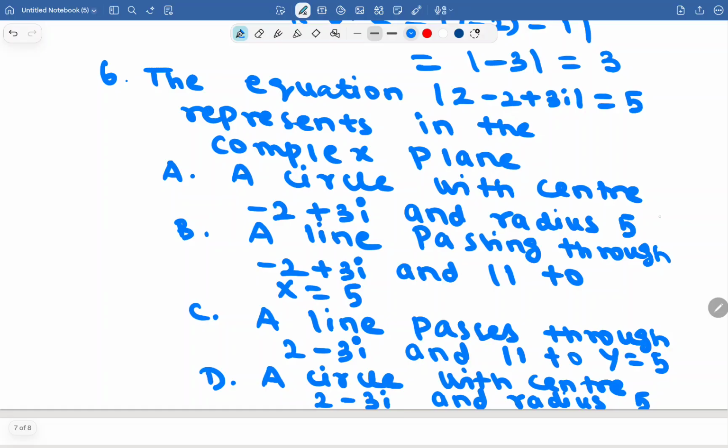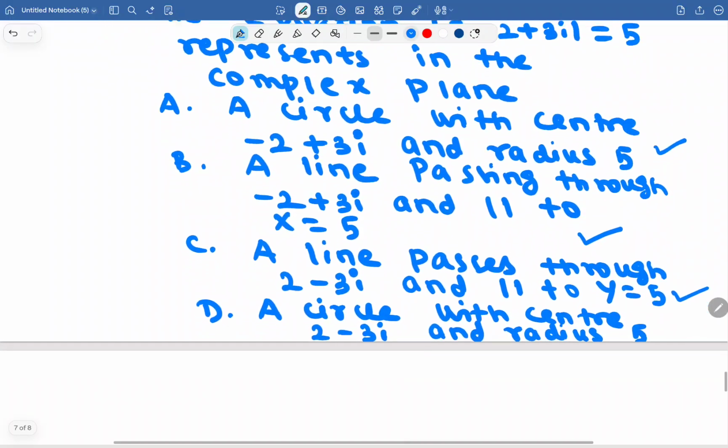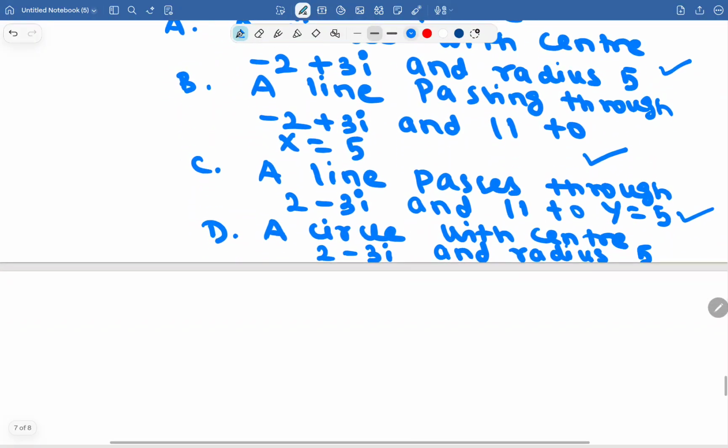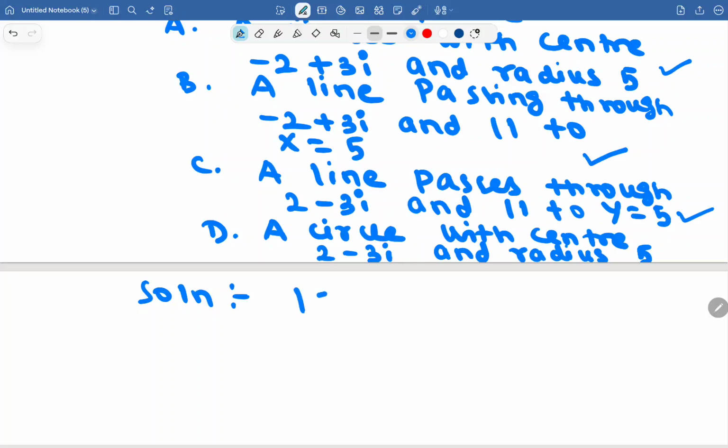Whether it is a circle with the center minus 2 plus 3i radius 5, or a line passing through minus 2 plus 3i parallel to x equal to 5, or a line that passes through 2 minus 3i parallel to y equal to 5, or, last option, a circle with the center 2 minus 3i and radius 5. Solution: the given equation is modulus of z minus 2 plus 3i equal to 5.